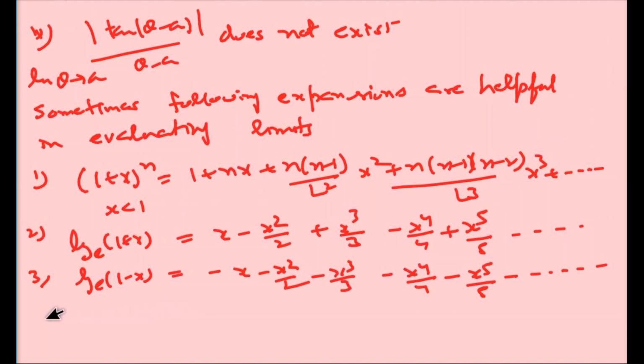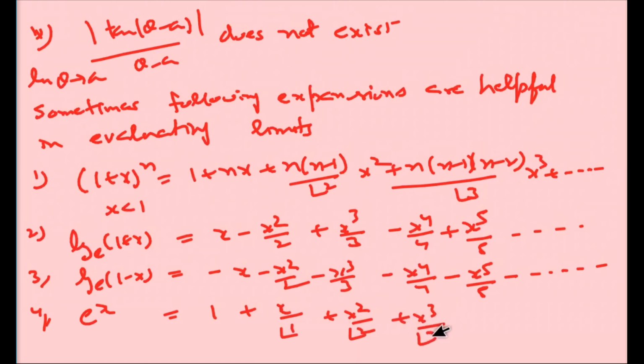And you should know the exponential series. For detail you should go to the chapter exponential: e to the power x is 1 plus x upon factorial 1 plus x square upon factorial 2 plus x cube upon factorial 3 plus x to the power 4 upon factorial 4 and so on.